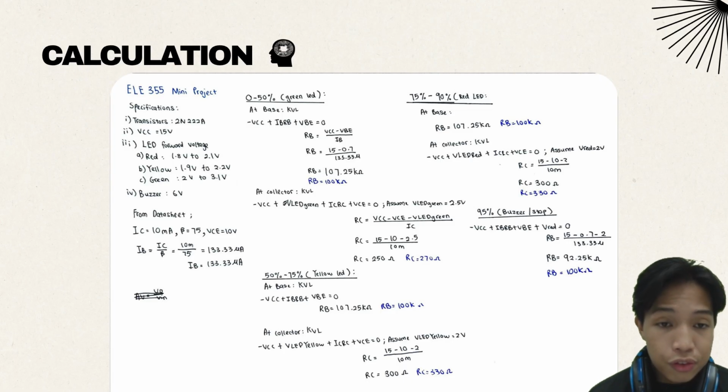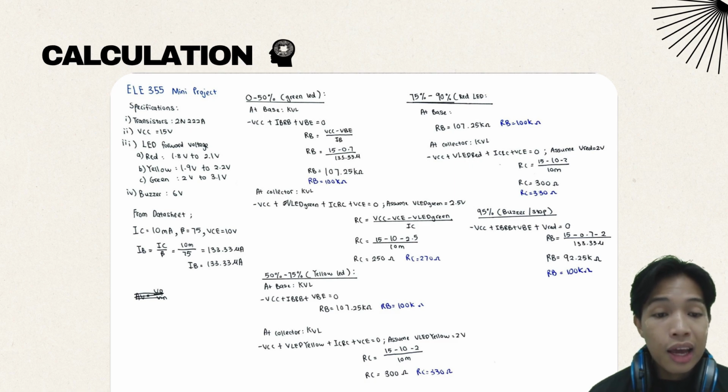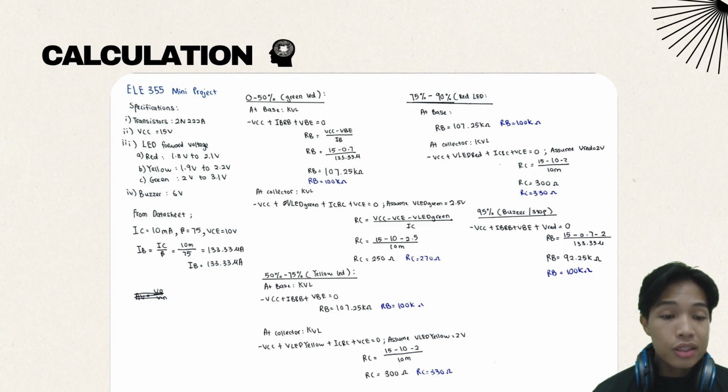For the 75 to 90% red LED, the base resistor is 100 kilo ohm, and for the RC is 330 ohm. And for the buzzer, the base resistor is 92.25 kilo ohm, and then in E12 it will become 100 kilo ohm.